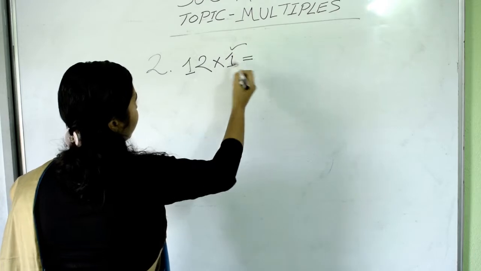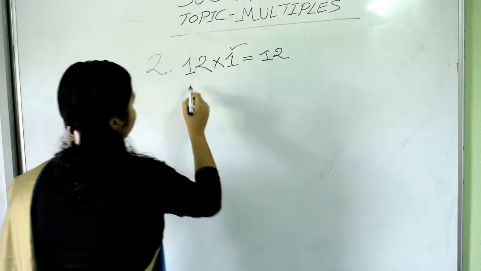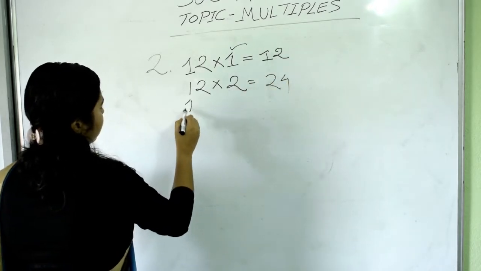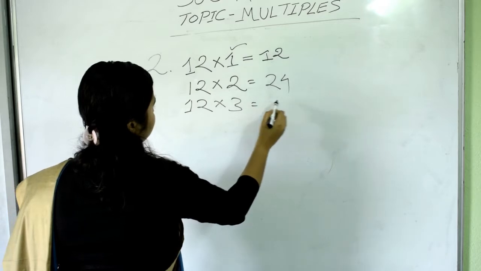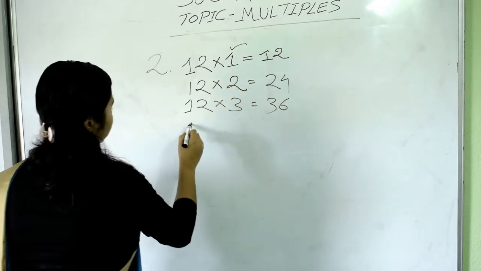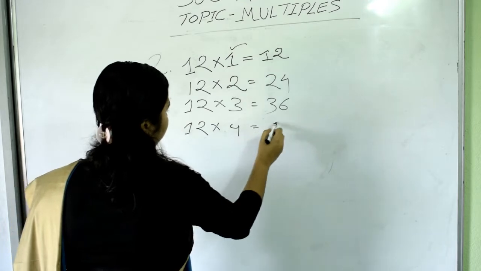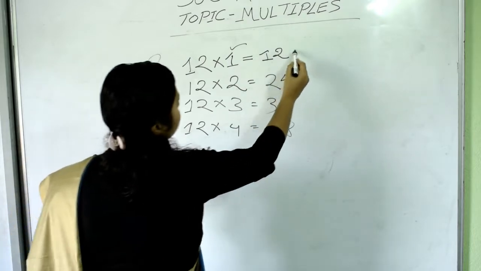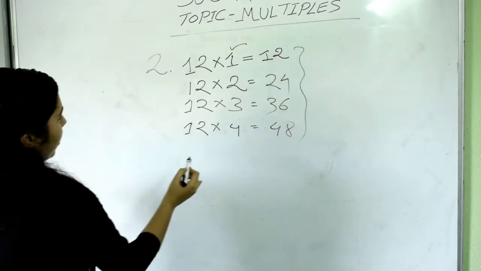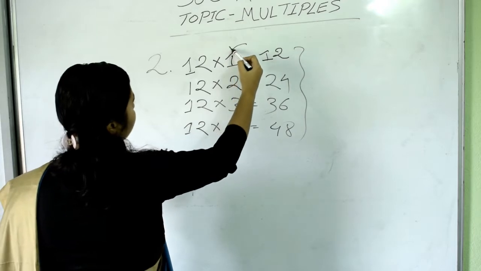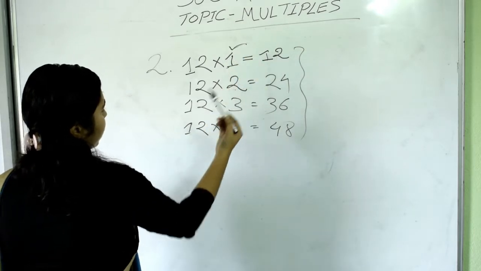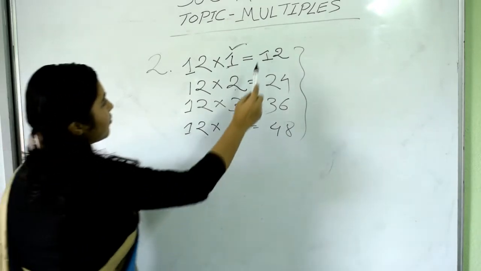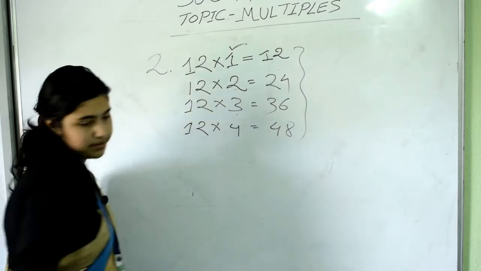So 12 into 1, 12 itself, 12 into 2, 24, then 36, 48. So these are the first 4 multiples of 12. That's why we started from 1, then 2, then 3 and then 4. So our answer is 12, 24, 36 and 48.